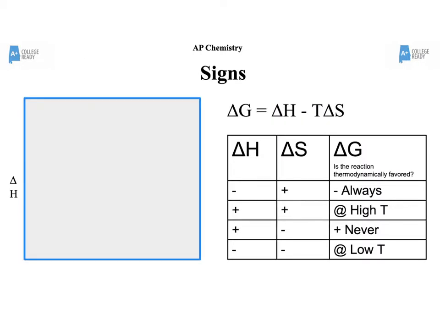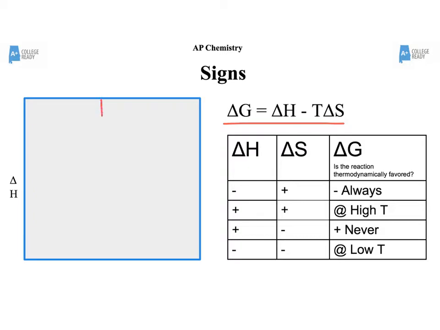A quick, easy way I like to show for remembering this is plugging the signs of the H's and the S's into the calculation of delta G equals delta H minus T delta S. That can help tell us whether this reaction is thermodynamically favored.